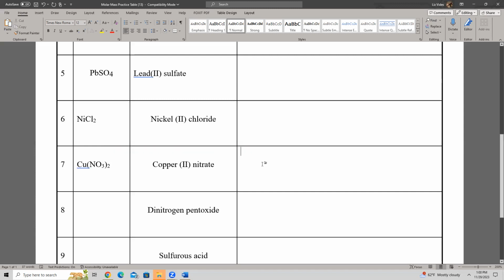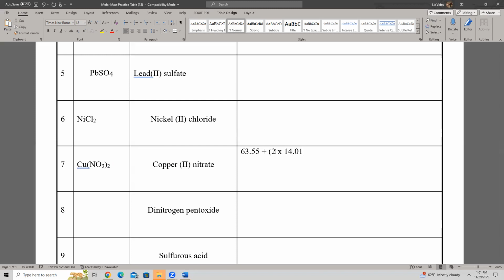So copper is 63.55, right? One atom, and we only have one. Plus, how many nitrogens do we have? It's 2, because this is the two, right? And that's multiplying the one that's here. So that's two.